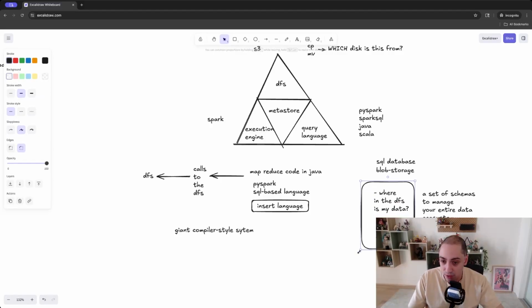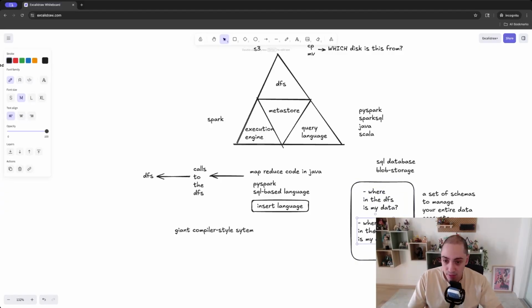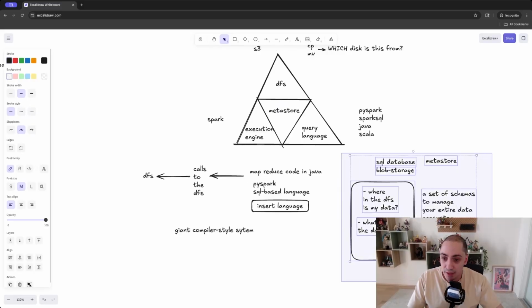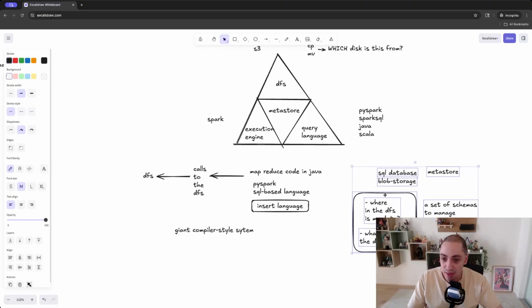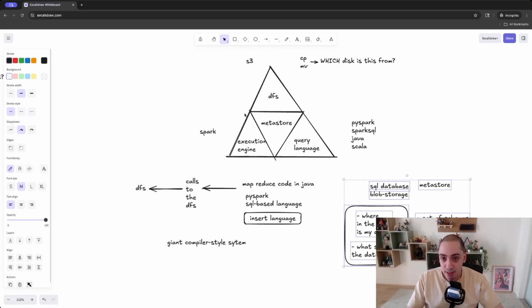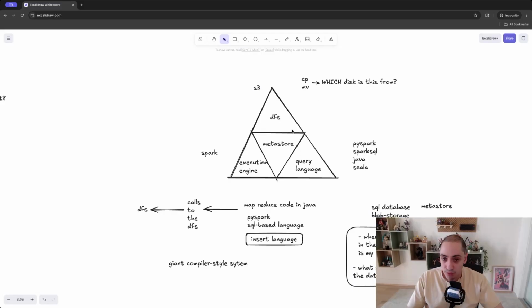Another really important thing that it does is tell you what schema the data is in. There are a lot of other complex things this metastore does, but that is the short and skinny of it: it's managing these types of information. You're going to see an example of all this in a second, but that's the trifecta of how this works.